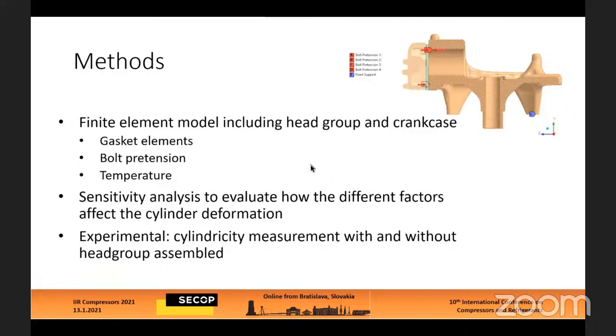On the real parts we have manufacturing errors, which the cylinder without any load has already some cylindricity error, and at the end we have the deformation when we measure experimentally together with the manufacturing errors. So we cannot decouple them unless we do some manipulation of the data.